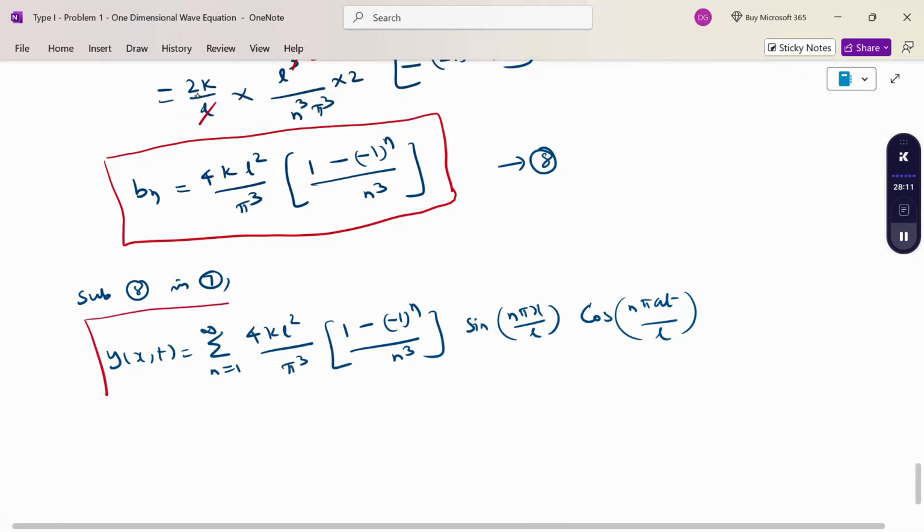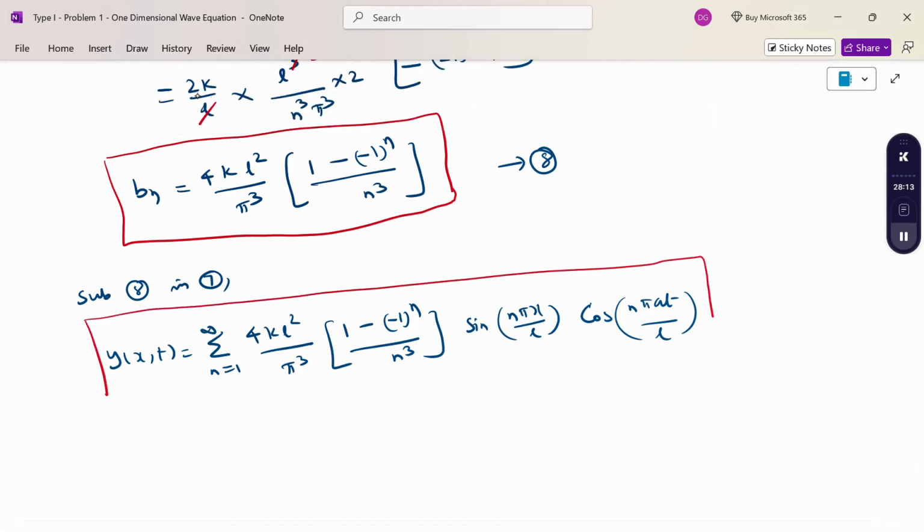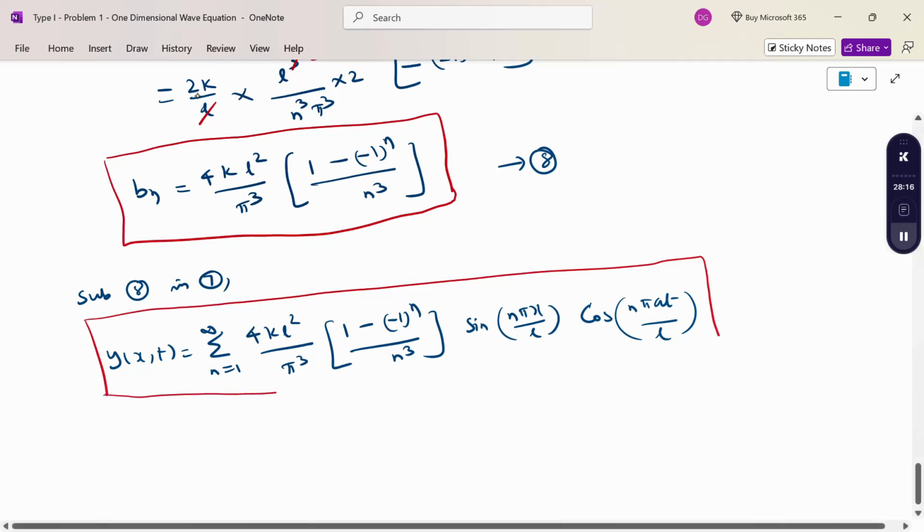If they ask to prove something in the question, what is the possibility? Now substitute n equal to 1 for these cases. If any simplification is possible, then you do it. Otherwise, this is our final solution.